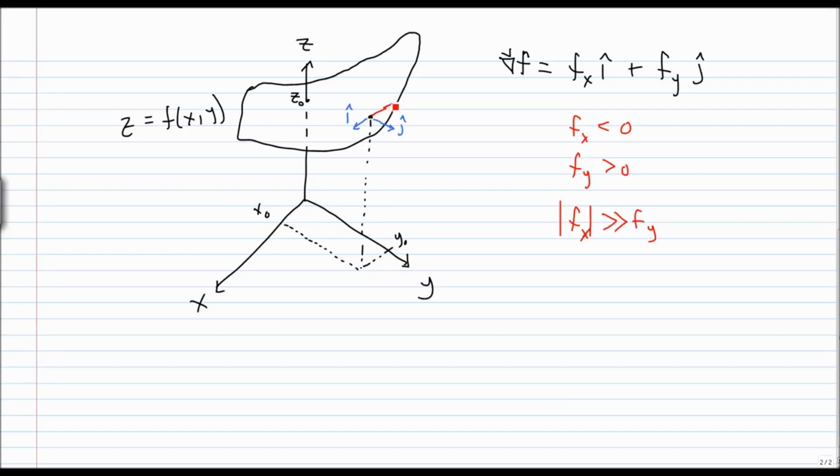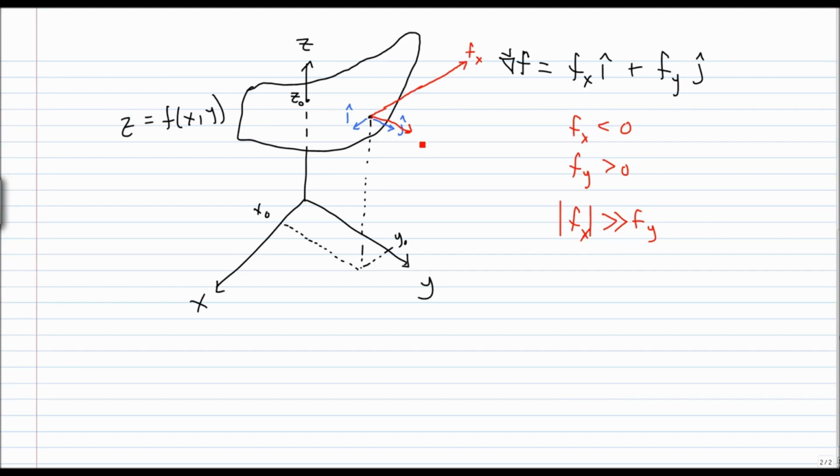we're going to have some component to our gradient vector that points like this, and then maybe in the y direction, who knows, maybe it's only that big. Okay, let's make this a little bit bigger.